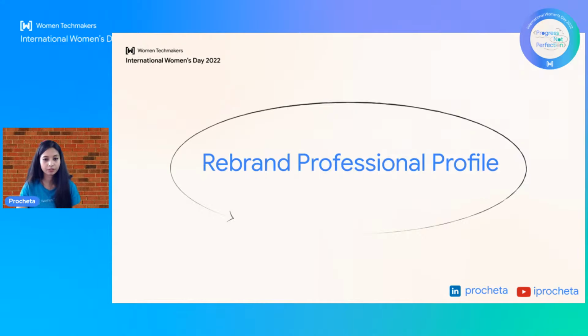And finally, obviously, we need to rebrand our professional profile. If you are switching your career, you have to rebrand your whole professional profile, whether it's your LinkedIn profile, Indeed, resume, or CV, because you are now preparing for this new field.